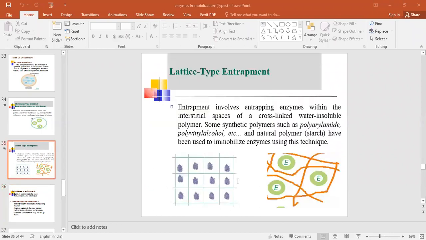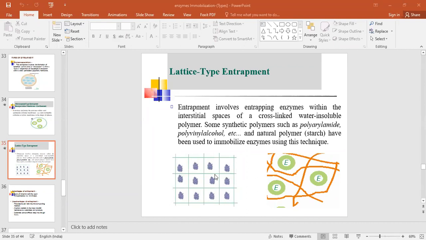Now, what is meant by mass transfer resistance? This is your cage-like structure, and there are many such cages. If you add the substrate to this structure, the substrate can diffuse, as this is a semi-permeable membrane, to these outer squares. But for the substrate to reach the cages in the middle, it has to pass a long route or a long way.